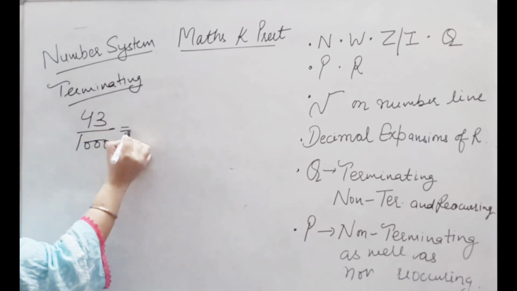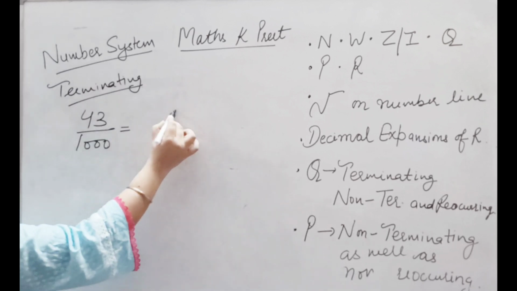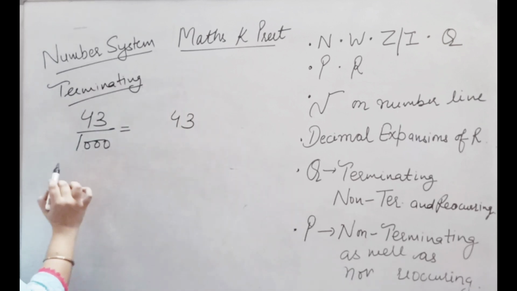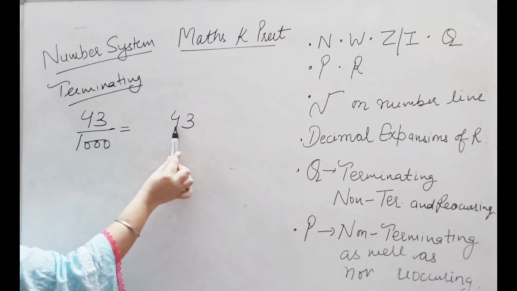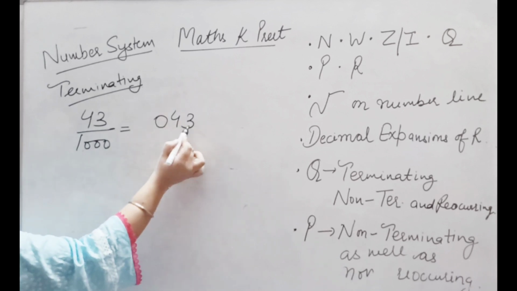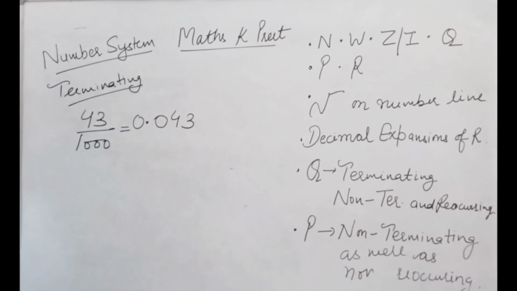So we know how to express this in decimals. We will just count the number of zeros. 3 zeros are there, and counting from the right-hand side of the number, 1, 2, 3, put the decimal here. This is the decimal expression for this number.